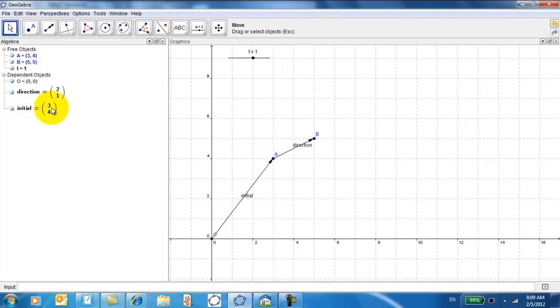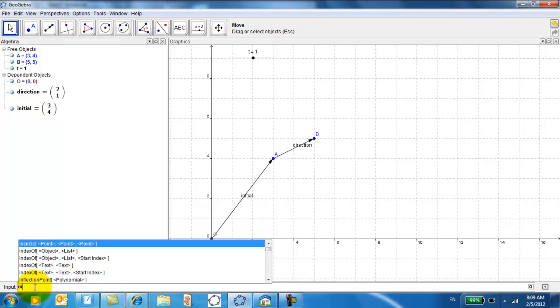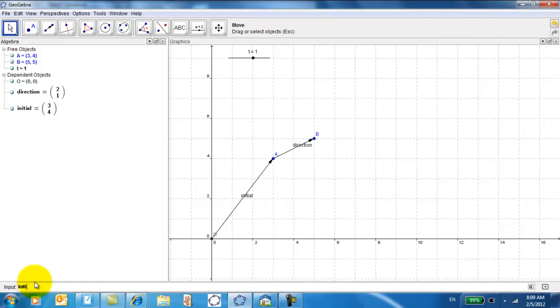The whole idea of coming up with a new vector is we can take the initial vector plus our parametric variable T times the direction vector.